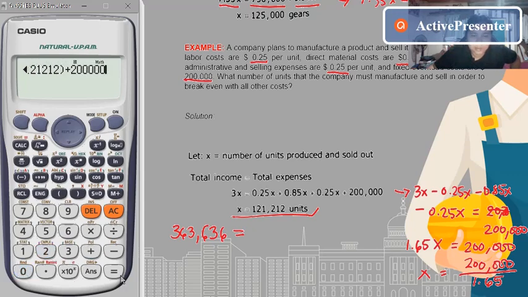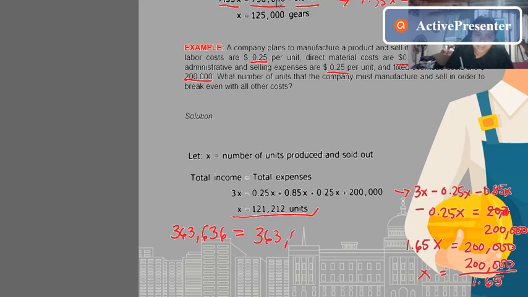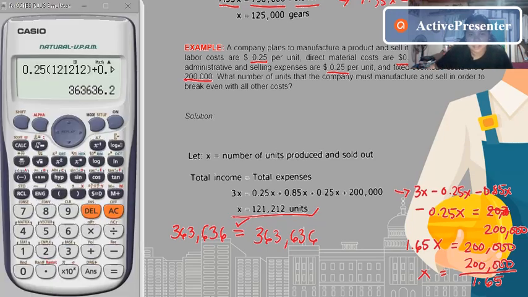So our total expenses will also be the same, 363,636. So our break-even analysis is correct, as our total income is equal to our total expenses.